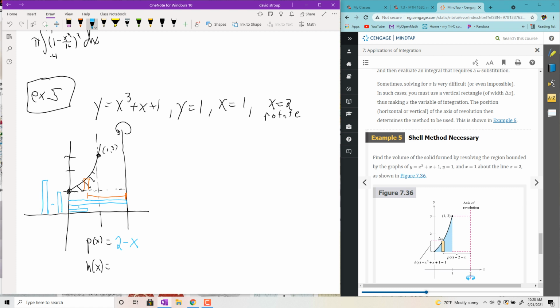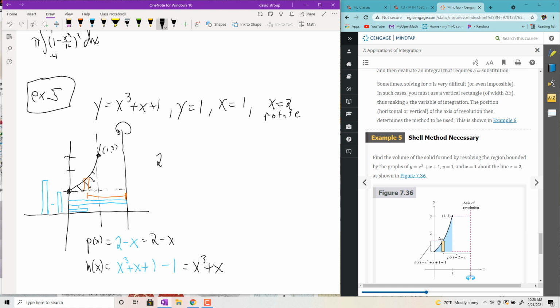So the distance to the top of that red rectangle is given by the cubic, so that would be x cubed plus x plus 1. And then you're subtracting away the distance to the bottom. So that's just 1. Okay, so here you have x cubed plus x, and let me rewrite this in black.